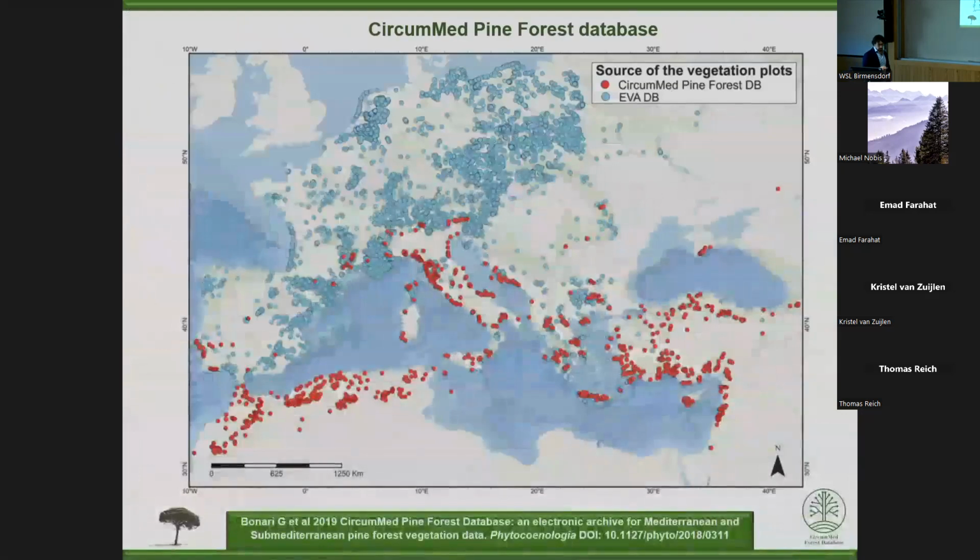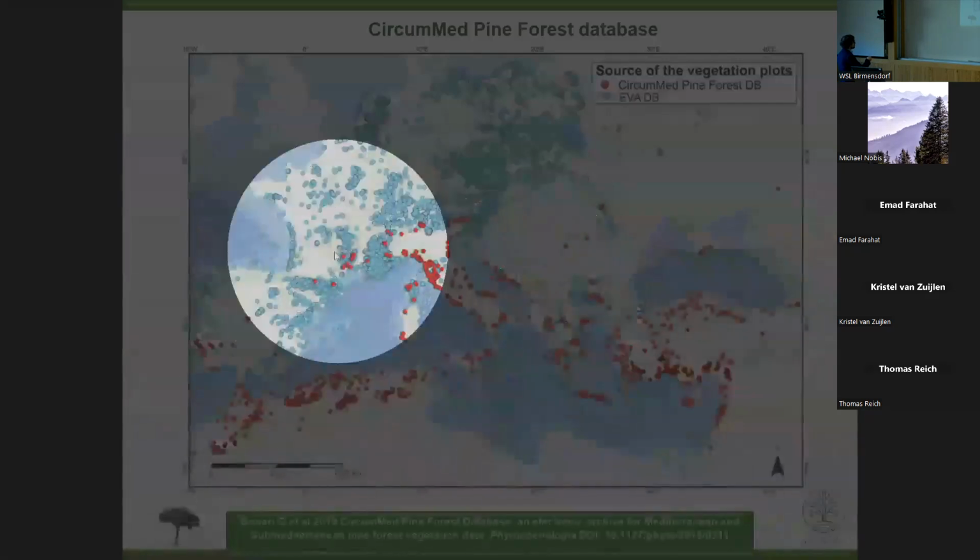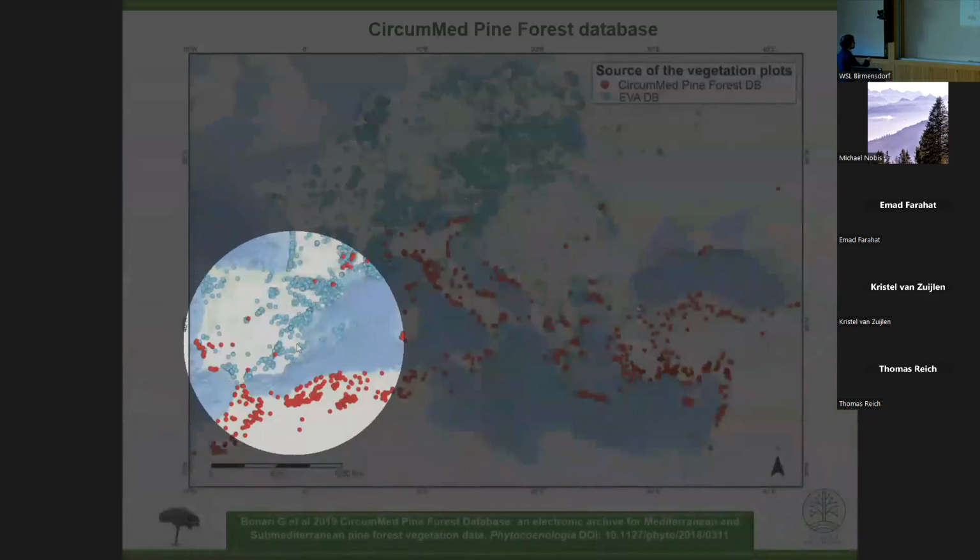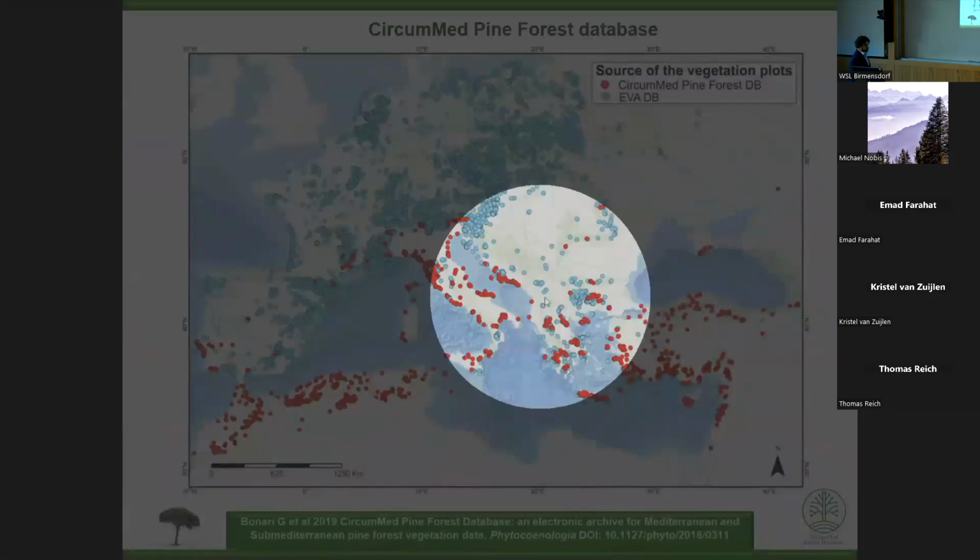So here is an overview with the red points of all the available data in the first stage of this electronic database of vegetation. All these points, actually also the blue ones, represent a vegetation plot.